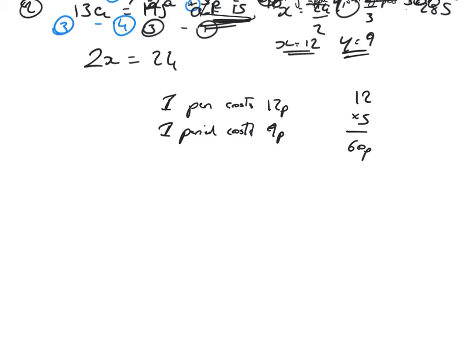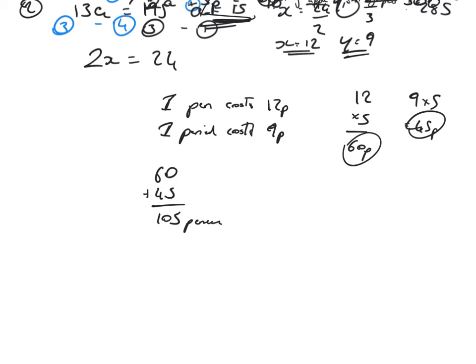And for pencils, 9 times 5, and that is 45 pence. 5 pens and 5 pencils, add them together, and that would be 105 pence. Wouldn't really say that though, we'd say pounds and pence. So let's explain it really clearly. 5 pencils and 5 pens costs £1 and 5 pence.